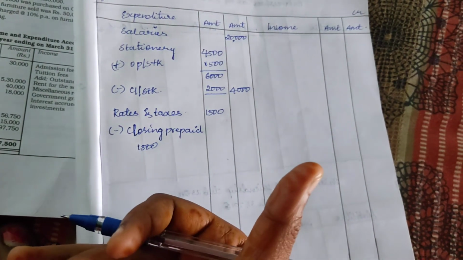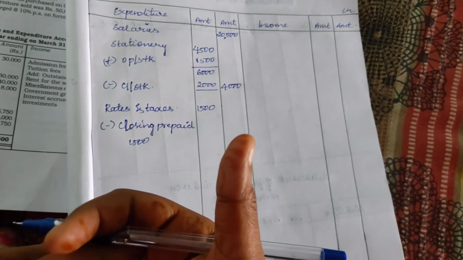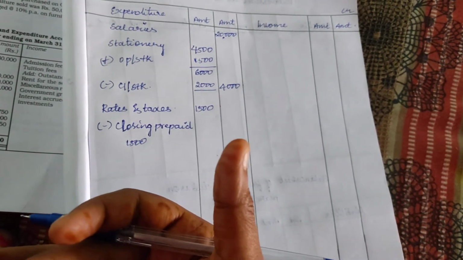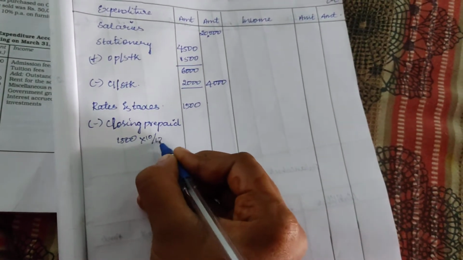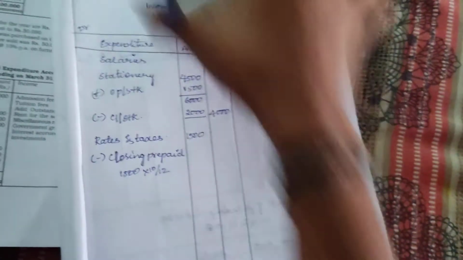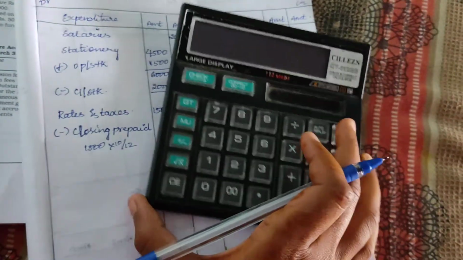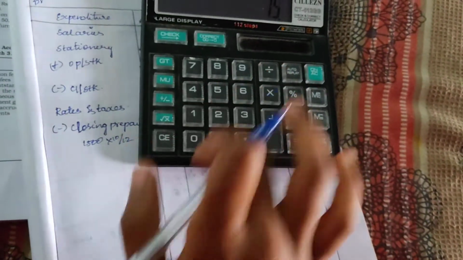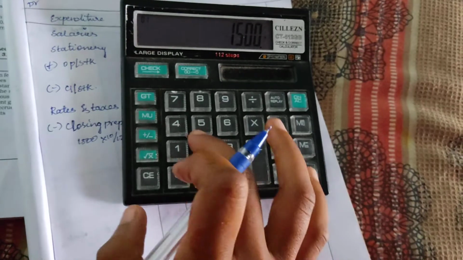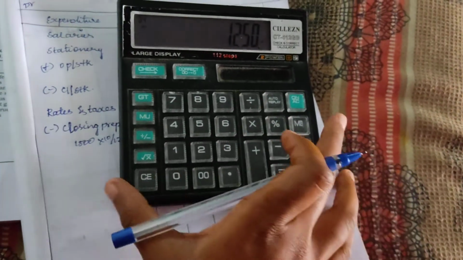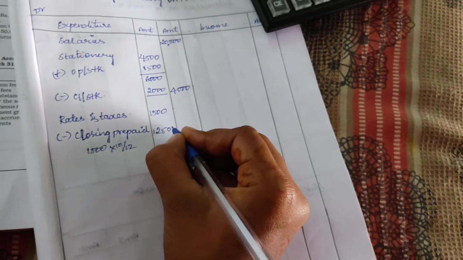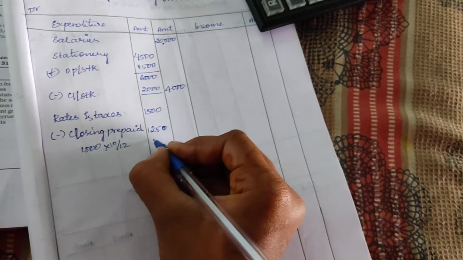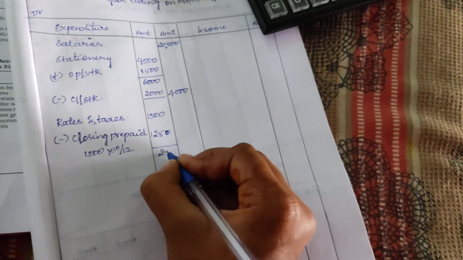For January we have to stop there. So 10 months we have. So 1500 into 10 by 12 we have to calculate. We will get the closing prepaid. So 1500 into 10 by 12, it comes to 1250. So when we deduct it, we will arrive at 250.